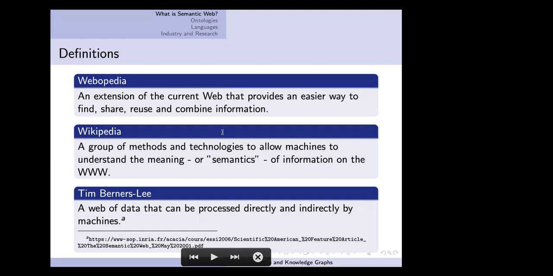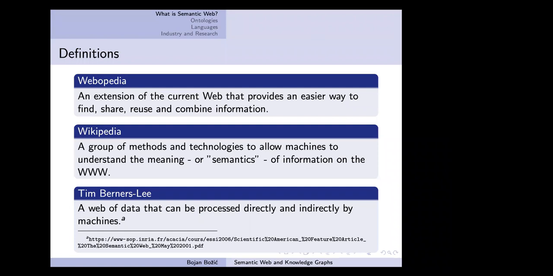Right, so Wikipedia actually has started talking about machine understanding and machines trying to capture the meaning from the web by using some kind of semantics, as you can see here. And then Tim Berners-Lee, who as you probably know invented the World Wide Web, but was also the person who first started talking publicly about the idea of a semantic web, also says that we want the web to be processed directly and indirectly by machines, right?